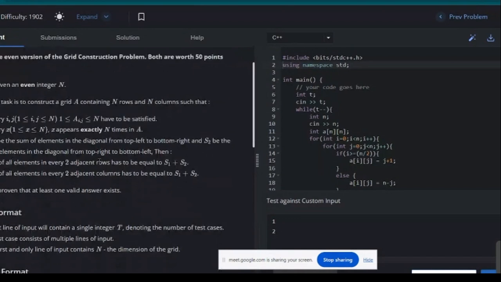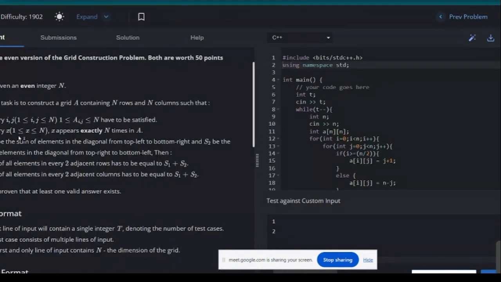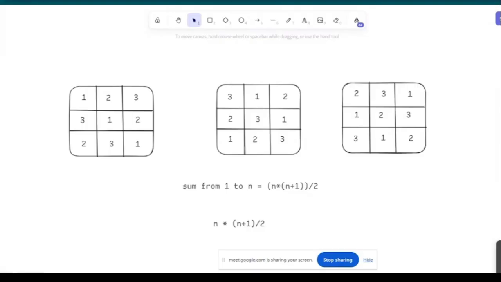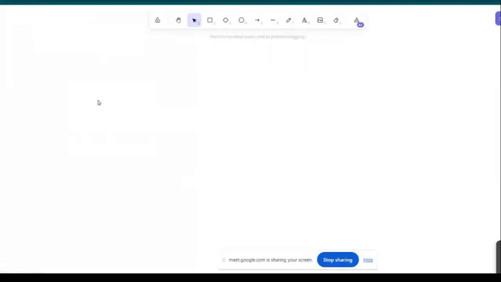And here what I did was, if given an integer n equal to 4, then just print 1 to n numbers n by 2 times, and then print n to 1 integers the remaining n by 2 times.